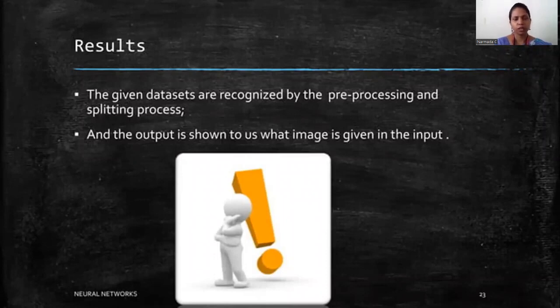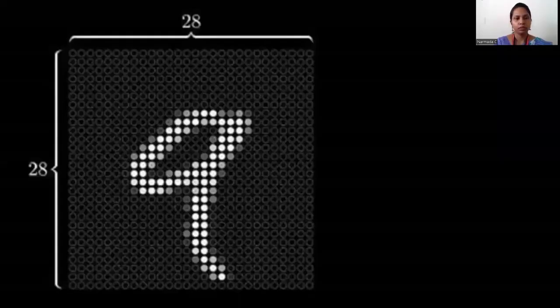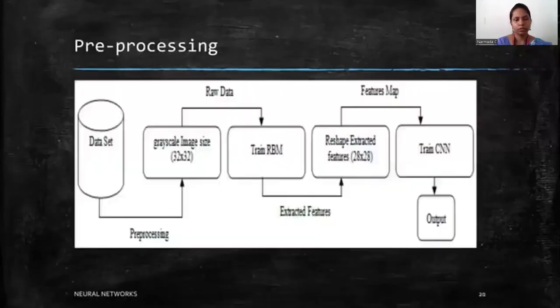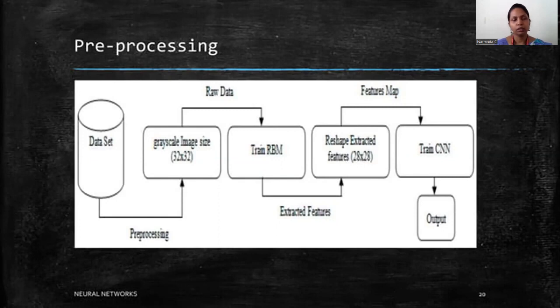In pre-processing, the data set will be given and pre-processed. We will convert the color image into a grayscale image of size 32 into 32, which is the raw data, and it will be trained.